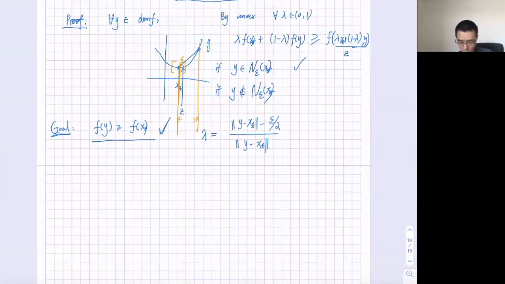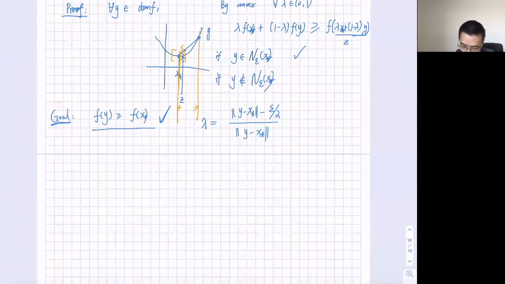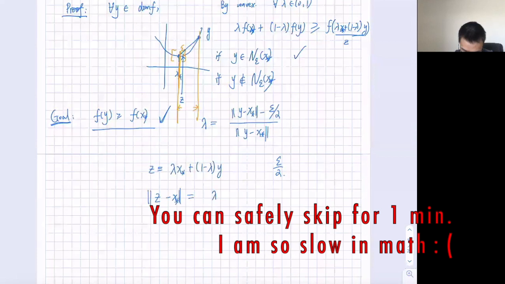So I weigh x a lot, and it's almost y minus x star, except that I shrink it by 2. Then I can show that lambda x star plus 1 minus lambda y, which is what I define as z, has distance between z and x star of epsilon divided by 2.